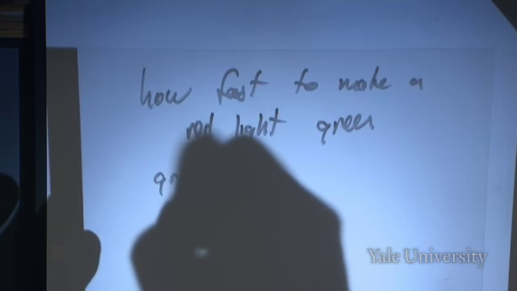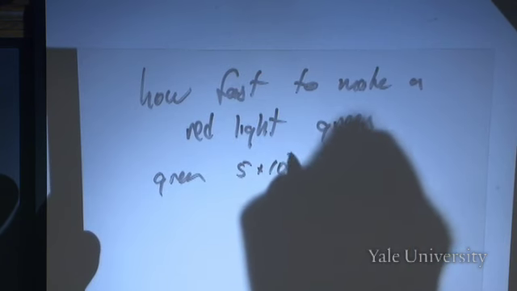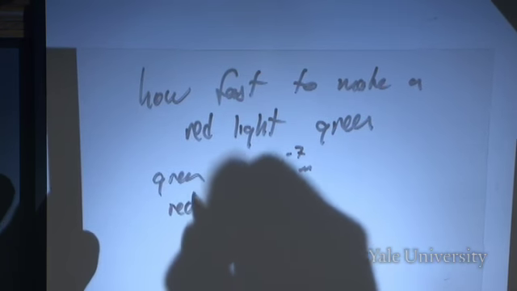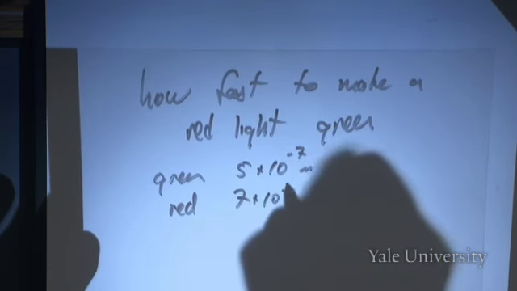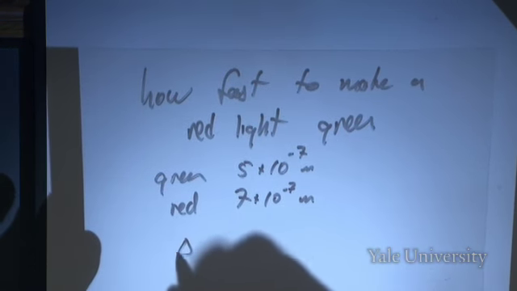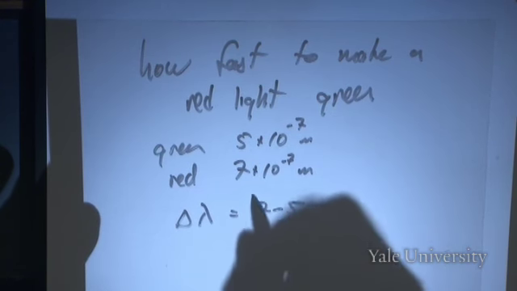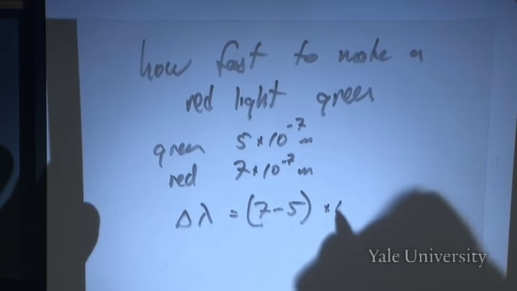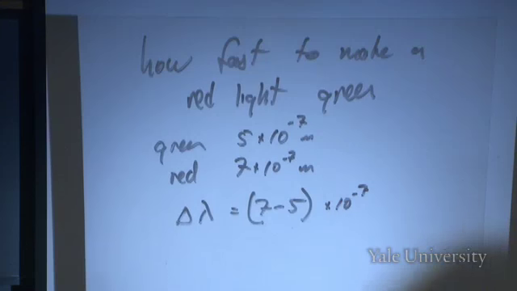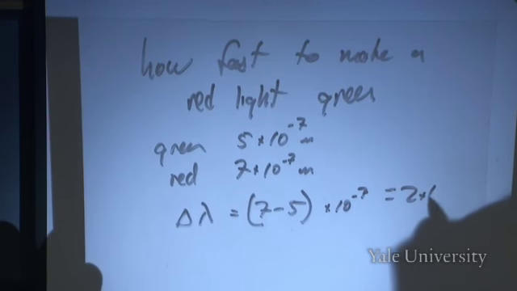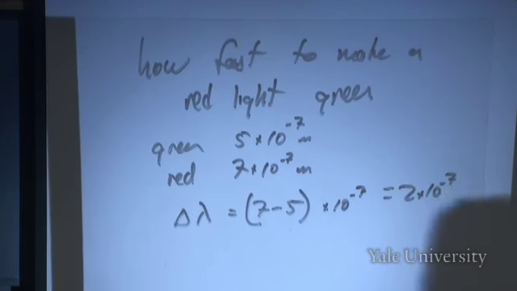And let's call green light 5 times 10 to the minus 7 meters. Red light is 7 times 10 to the minus 7 meters. So delta lambda had better be equal to 7 minus 5 times 10 to the minus 7. That's 2 times 10 to the minus 7, again in meters.